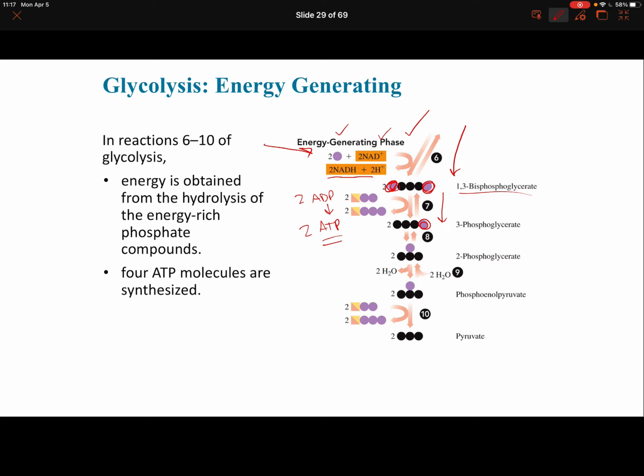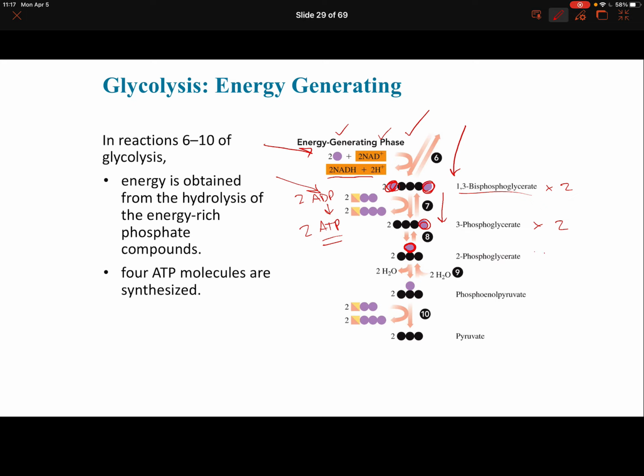3-phosphoglycerate, which is the product of 1,3-bisphosphoglycerate losing one of its phosphates, now gets sort of rearranged. So 3-phosphoglycerate becomes 2-phosphoglycerate. And then some waters come in here. Now remember, at all of these steps, we have two of everything. That's why everything's doubled, because we have times 2, times 2, remember.